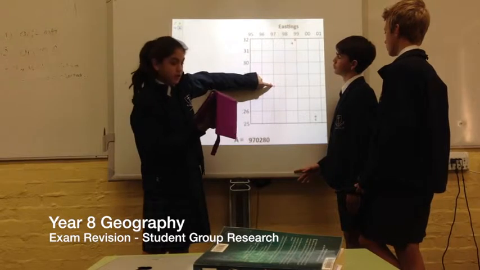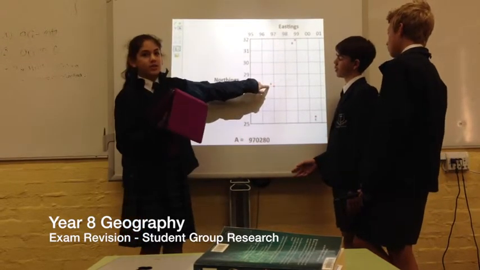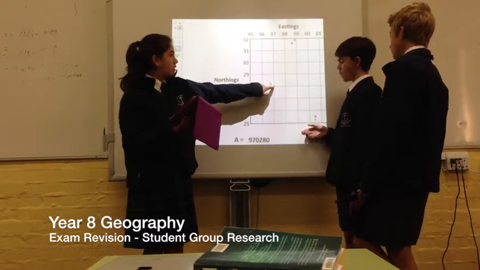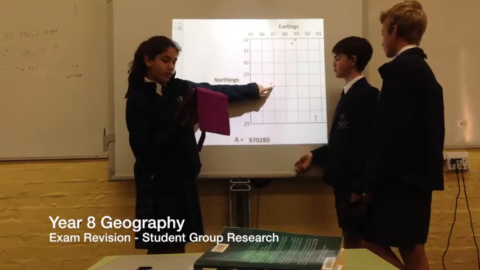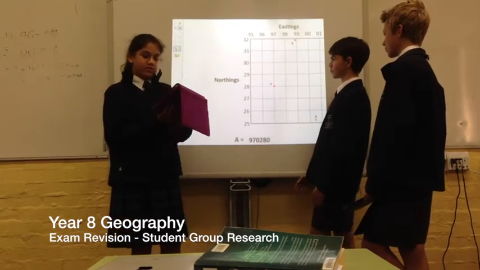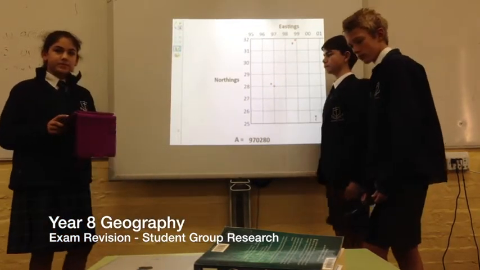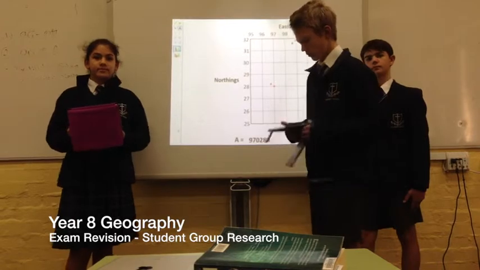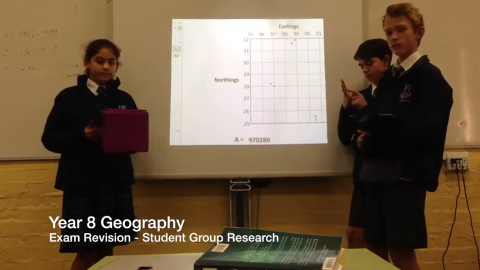It's on that line, so it would be 97, 0 and 28, 0. Perfect. And you'd put in front of that, GR. Excellent. That's a really good example where, again, if the eastings are on the top or on the bottom, it doesn't matter. They always go first. Good for pointing that out.